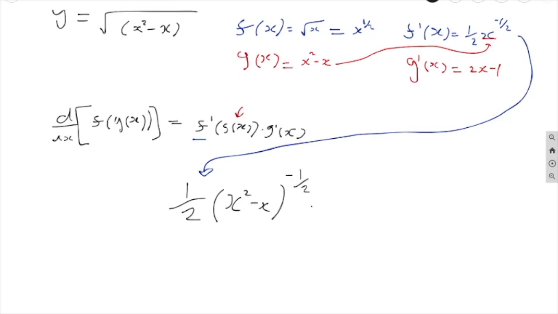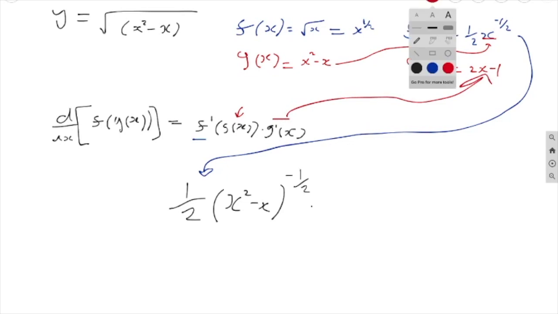That's going to be multiplied then by g prime, and we have that right up here. We don't need to worry about anything fancy with that, we're just going to simply multiply. I'll put it in a bracket because it's separate and we don't want to be confused about what's multiplying what. So we're going to multiply by 2x minus 1. And that's technically everything.